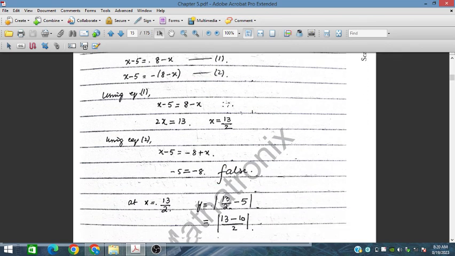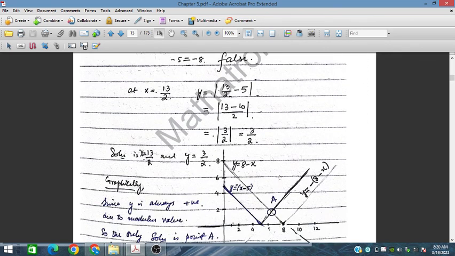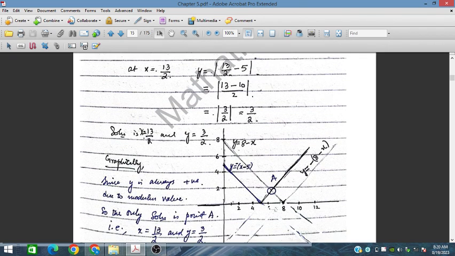Because of the modulus value, this point A is basically the intersecting point where x is equal to 13 upon 2, which is 6.5, and y is equal to 3 upon 2, which is 1.5.